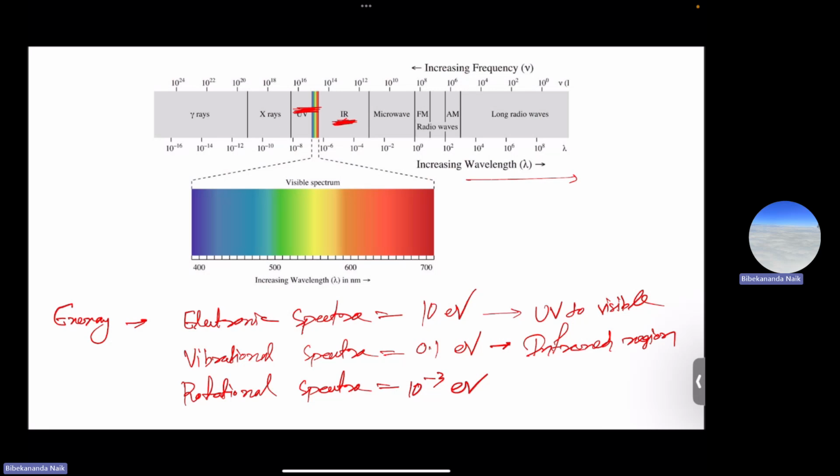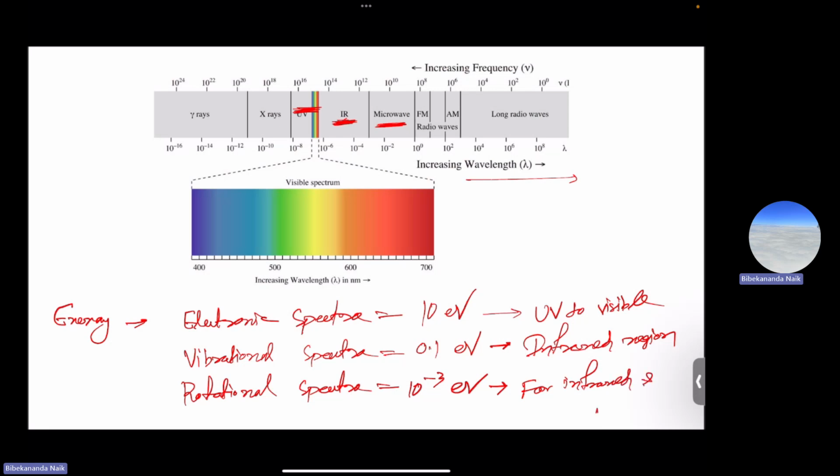And if you talk about rotational spectra, the order of energy is even lesser, 10 to the minus 3 electron volt, and rotational spectra lie in the far infrared and microwave part of the whole electromagnetic spectrum. Rotational spectra, related to the rotational energy levels, correspond to far infrared and microwave spectra.